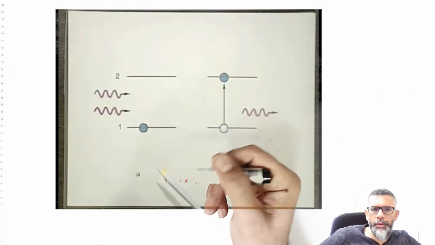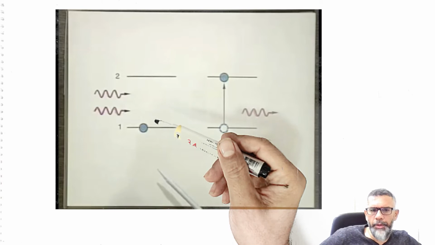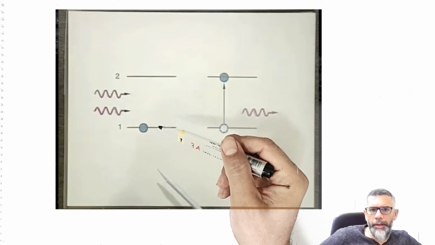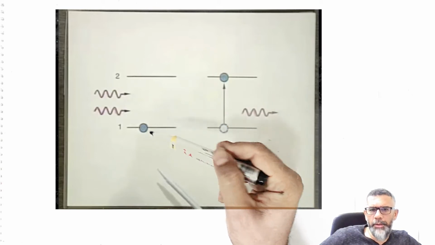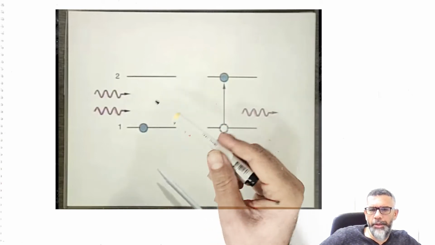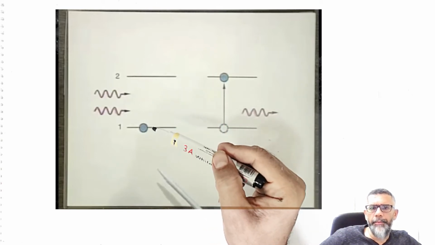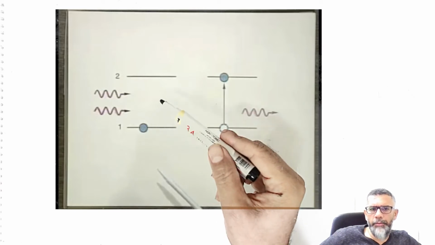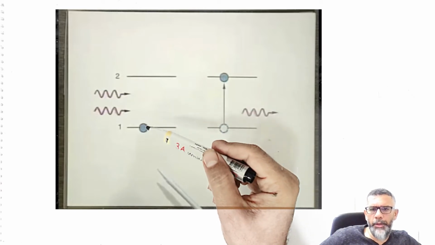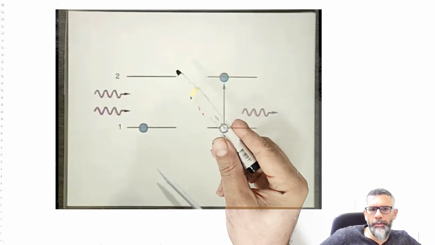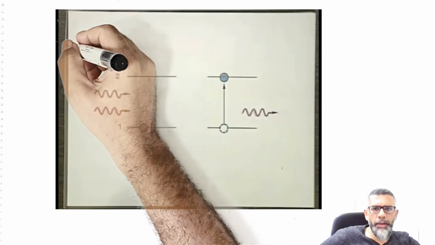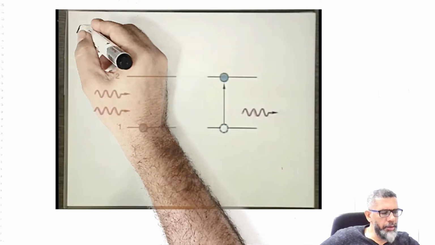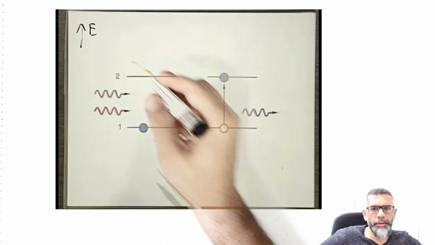We know from quantum mechanics that atoms and molecules do not have continuous energy levels, but rather they have discrete energy levels like this, okay? And electrons can occupy one of these energy levels, but none in between, okay? And by the way, this vertical axis just represents the energy, okay?